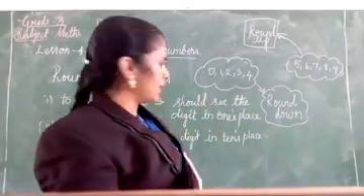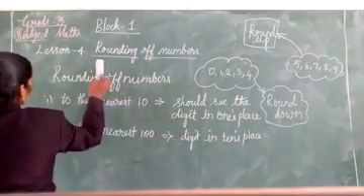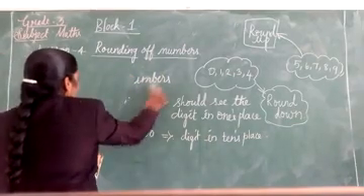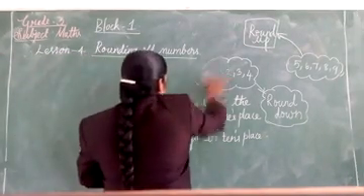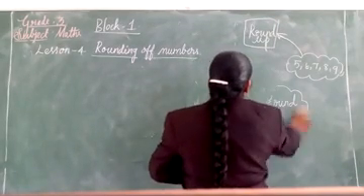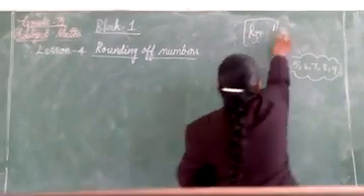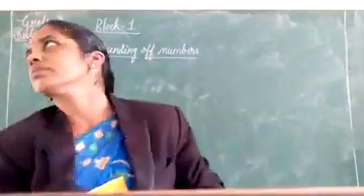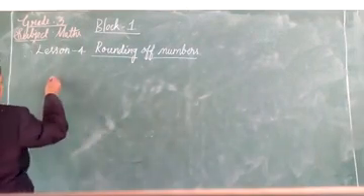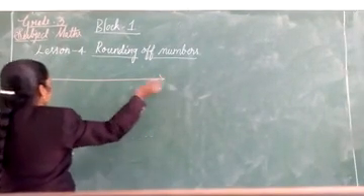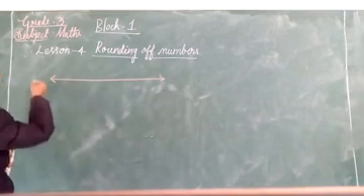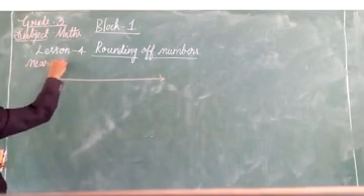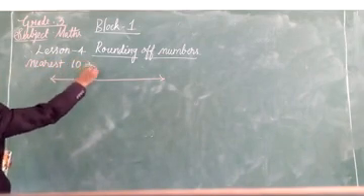Now I am going to draw a number line. See here. Now I am going to explain rounding off the number to the nearest 10.